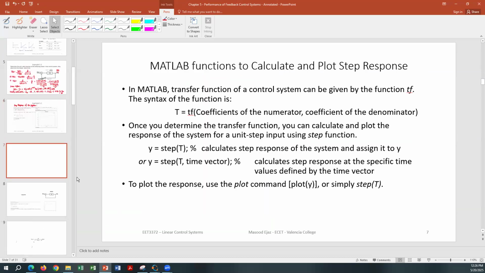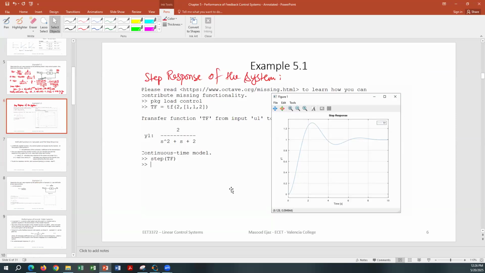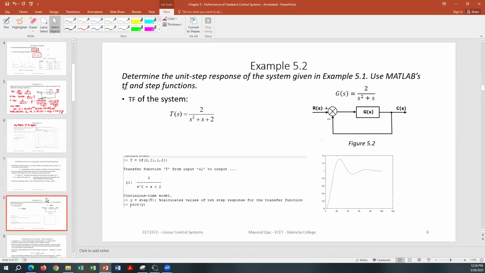Let me delete this slide real quick. Oh, right here, it's right after this slide. Transfer function and then step. So it is given over there, and same thing, basically plotted the transfer function.